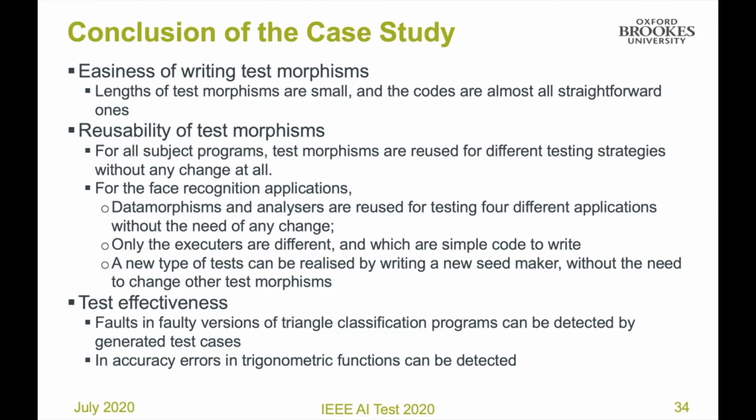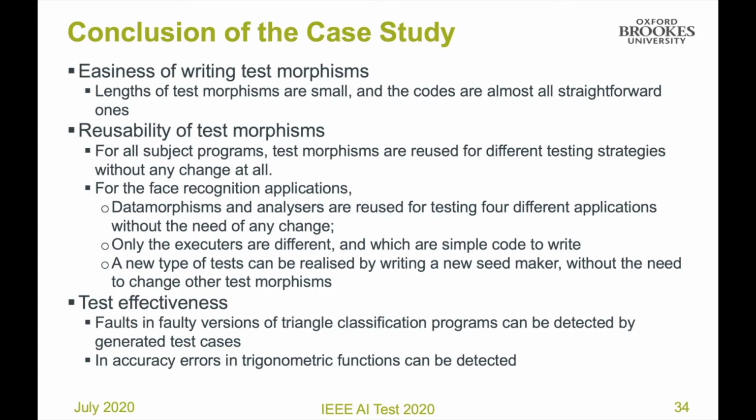Only the executors are different, but they are all very simple to write. Essentially, they submit requests to the website. A new type of testing for face recognition has been realized by writing a new seed maker. We don't need to change any other test morphisms.